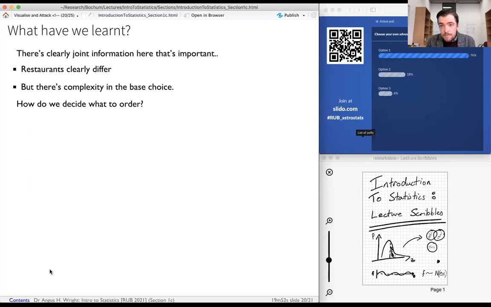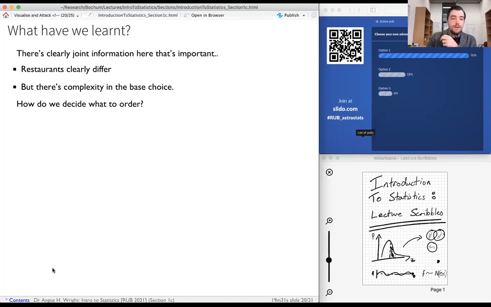The best thing to do is to try and identify the joint conditional distribution of diameter given base and restaurant. And this is where that fill value comes into the plot I was just talking about.